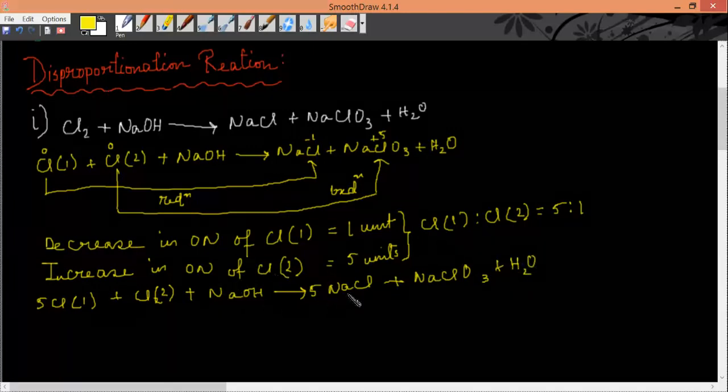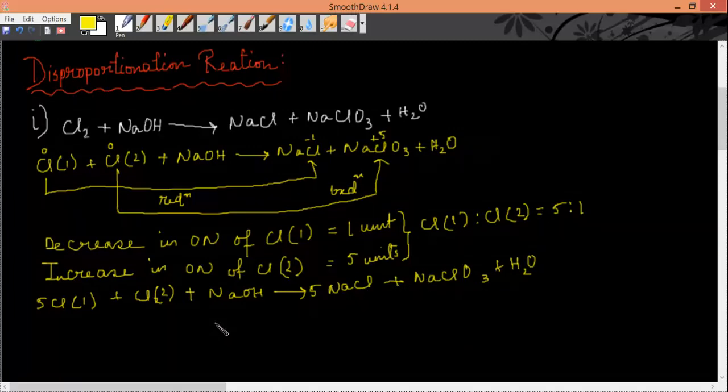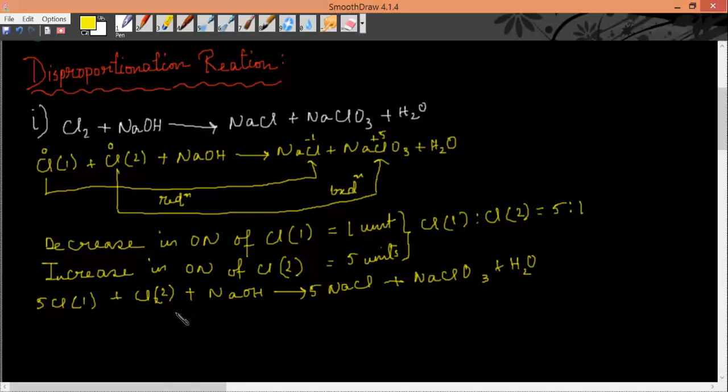Okay. Now 5 Na plus 1 Na, this is 6 Na in NaCl and NaClO3, which will come from NaOH. So we will require 6 NaOH.